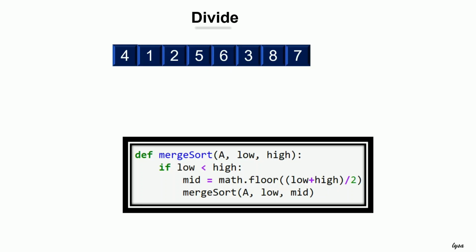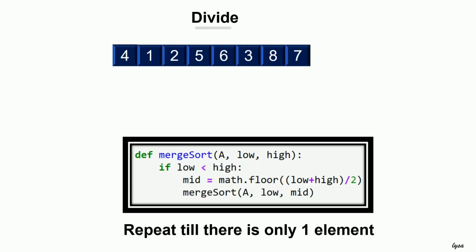Let us divide the array into subarrays. Since we are using Python, we are not going to use arrays, but rather we're going to use lists here. So I need to repeat it. That is, I need to recursively split it into sublists till there's only one element in the sublist. So I use if low less than high.